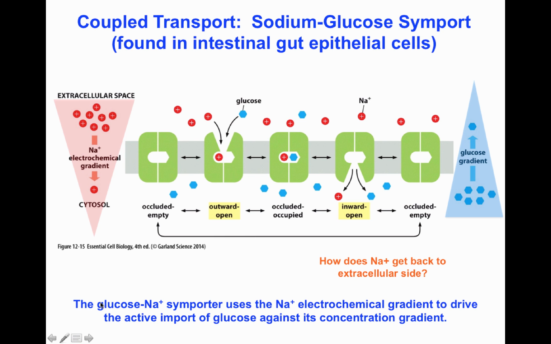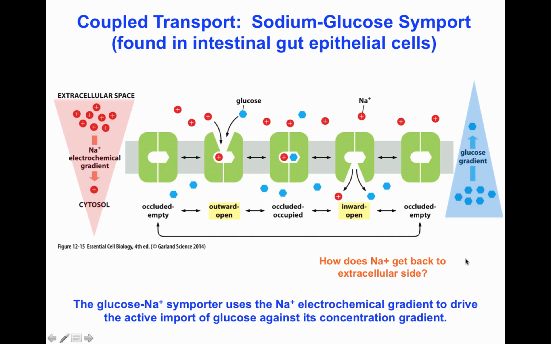So again, the glucose sodium symporter is going to use the sodium electrochemical gradient to drive the active importation of glucose against the glucose concentration gradient. As a side note, I would like you to think about how the sodium ions are going to get back to the outside.